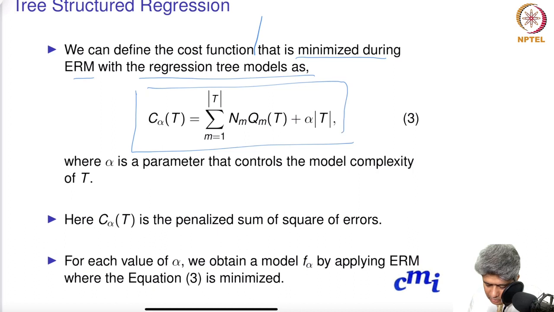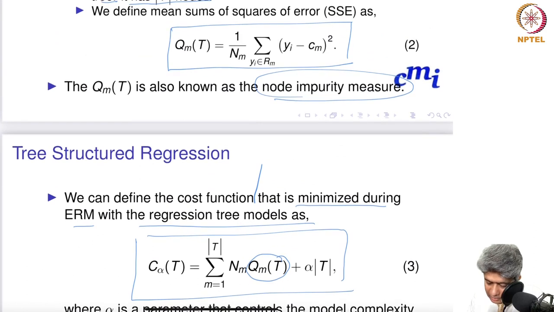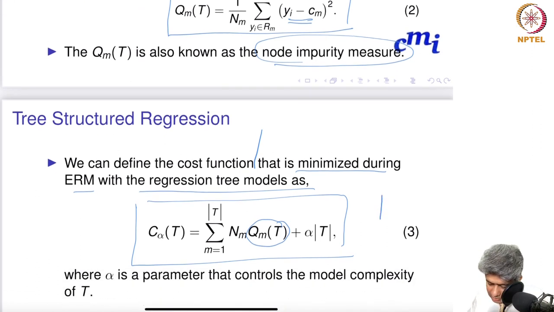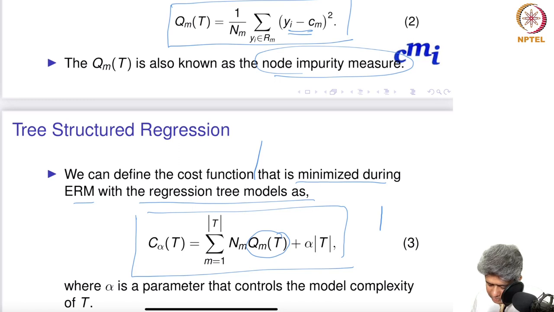Now you have to be a bit careful here. What is Qm(T)? Qm(T) is essentially the sum of squares of errors. This is the error, you square it, sum it. So it is sort of a mean squared error in the mth region. Now what it is doing is essentially multiplying it by nm.